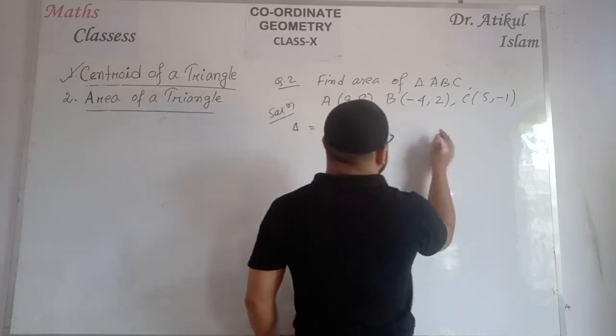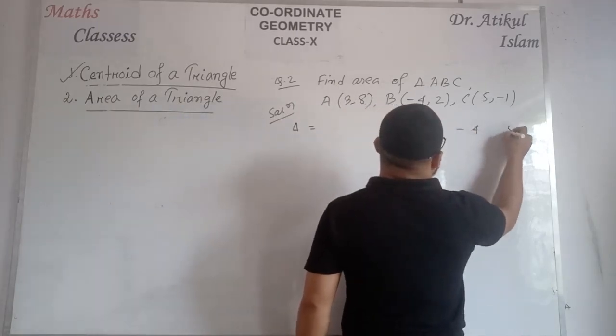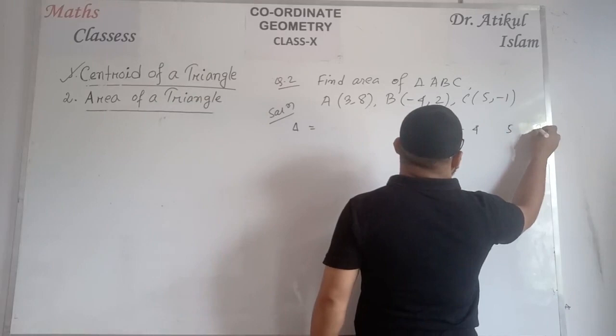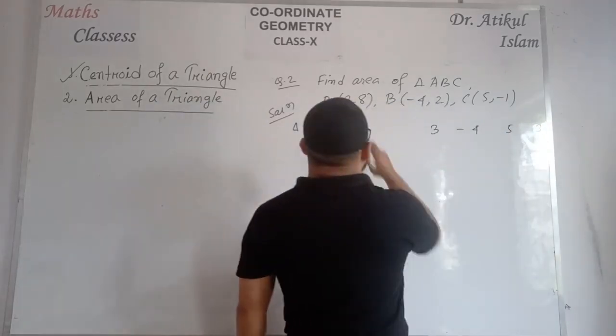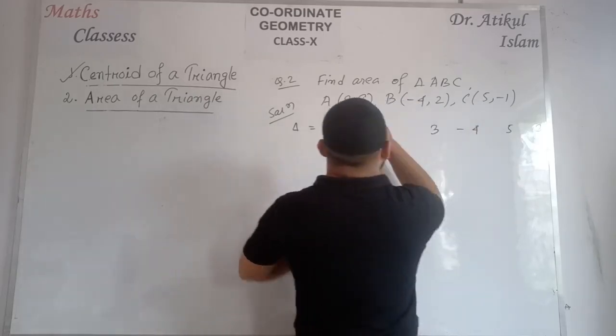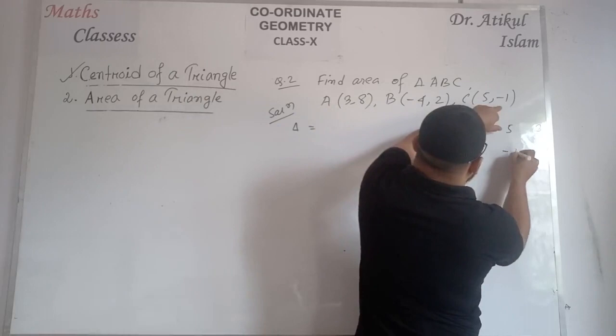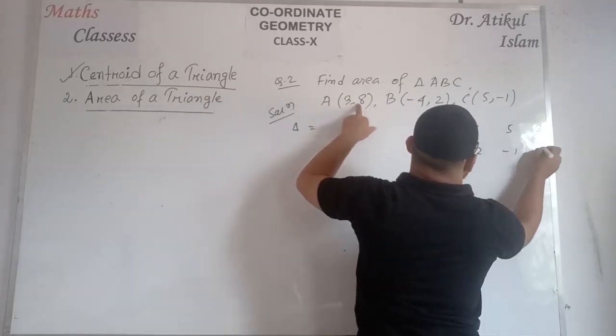So write first the x coordinates: 3, here is minus 4, here is 5. Repeat the first coordinate x1. 3, minus 4, 5, then again 3. Then 8, here is 2, here is minus 1, and repeat 8 here again.